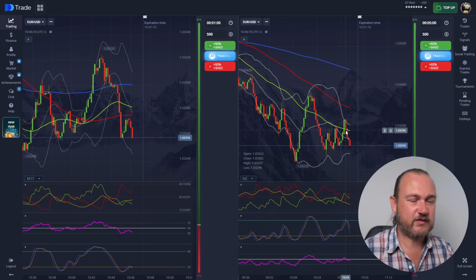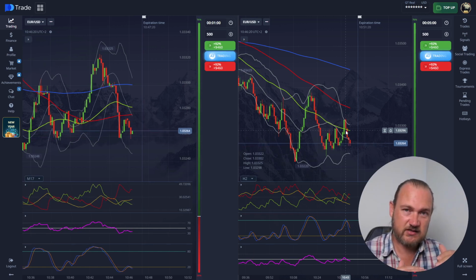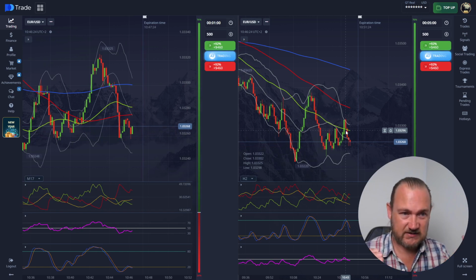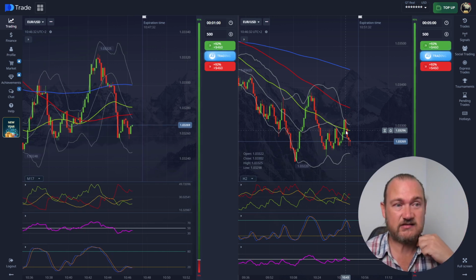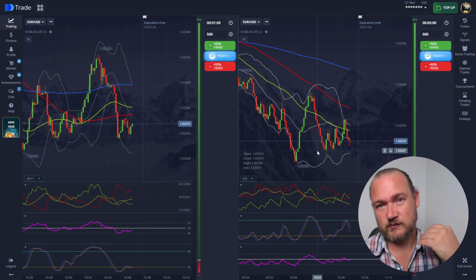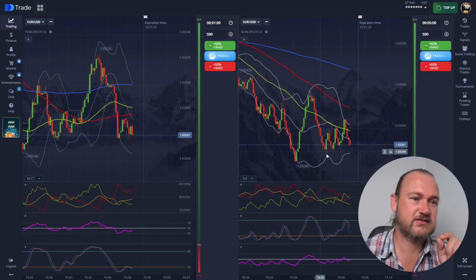If you cannot see if the bands are parallel or opening, parallel or closing, if you can't distinguish it, just leave it. But if the bands are very clearly still closing sharply, that's when I take the trade, like I did here. I always take these kinds of trades, but it needs to come from the one side to the other side. Keep that in mind as well, right?